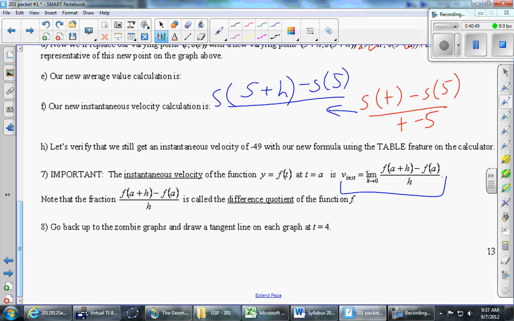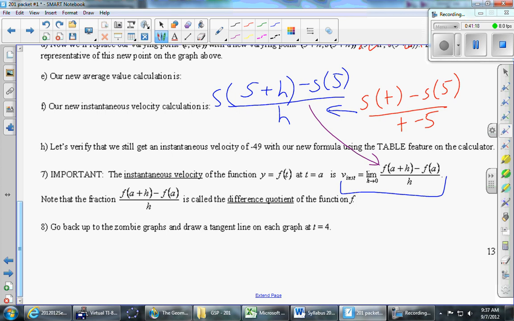What do you get when you subtract the two numbers in the parentheses? You get h, which makes sense because from the beginning of today, it's been change in distance over change in time. How much time has elapsed in our new scheme? h. That's what we defined h to be: how far you are from 5, the moment you care about. And so hopefully it's not too much of a jump to say, all right, we don't need it to be s for some position function. It could be any function. We'll just call it f.